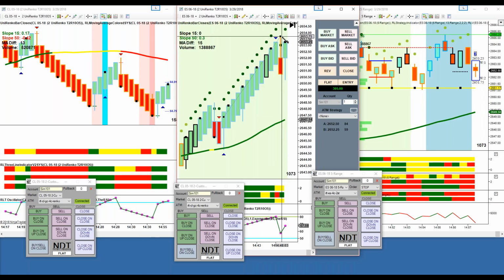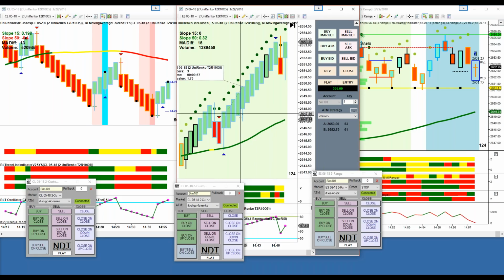If you just left this trade alone, you would have gotten 6 1/4. Actually, you wouldn't. You see this wick? It would have taken you out of the trade. So what's going to happen is you're going to go in, you're going to get 1 3/4. This huge wick is going to take you out.